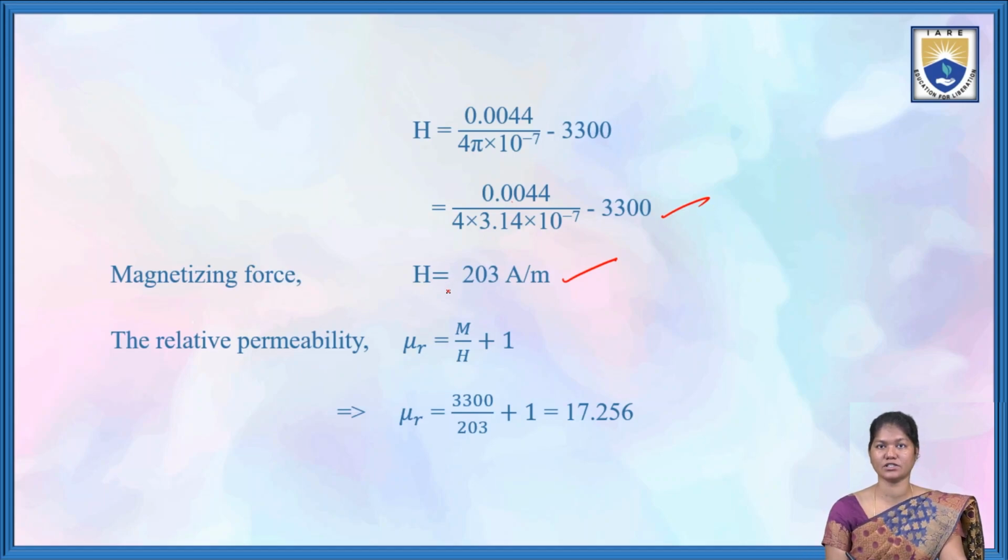By calculating this value, we get the magnetizing force H is equal to 203 ampere per meter.